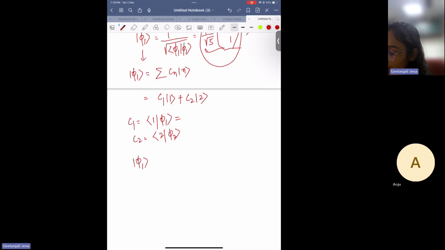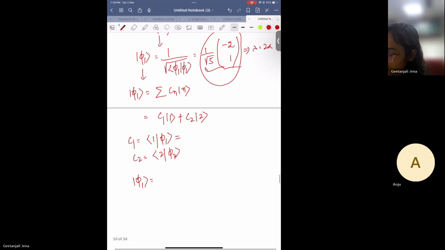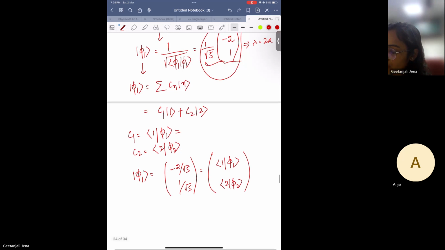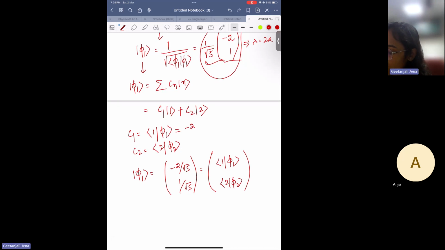So the phi 1 matrix you got is minus 2 by root over 5 and 1 by root over 5. So these are nothing but 1 with phi 1, the first term, and 2 with phi 2. So just put this C1, C2, where C1 is root over 5, this is 1 by root over 5, right?